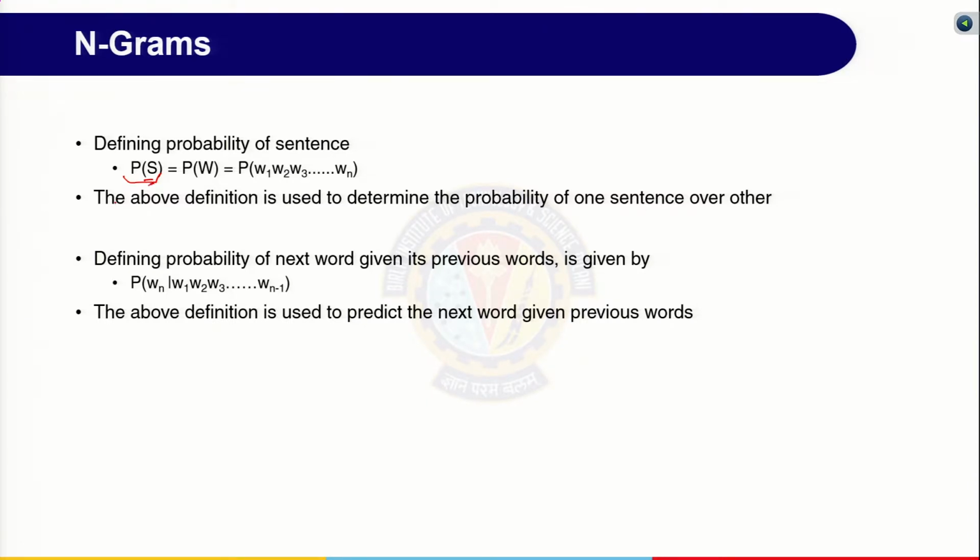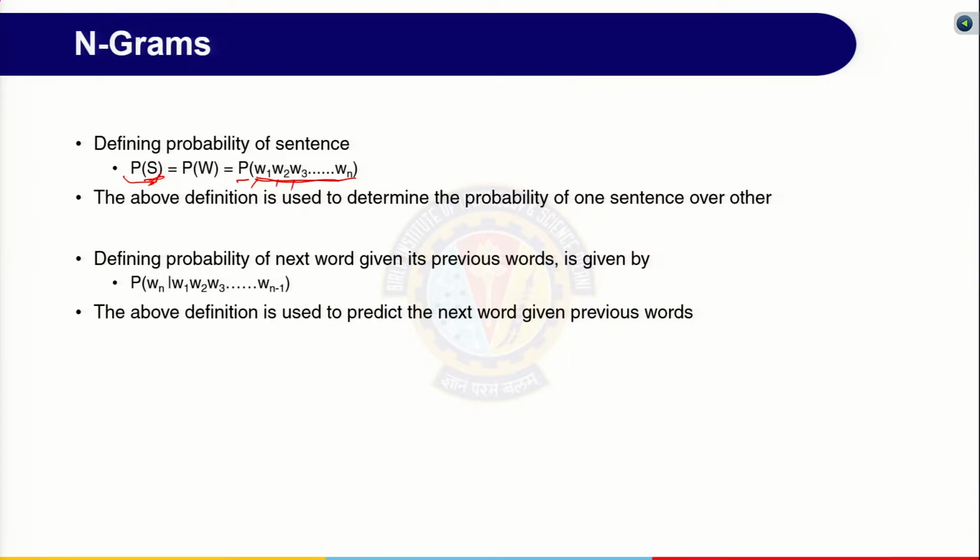This sentence can be broken down into a sequence of words W1, W2, W3, each one a single word, up to Wn. I can calculate the probability of observing this sequence of words and assign that as the probability of that particular sentence.